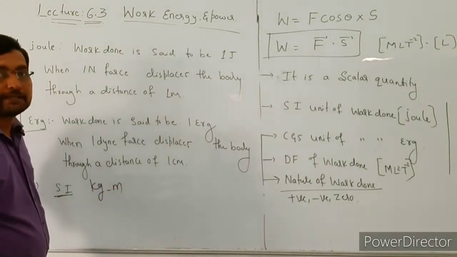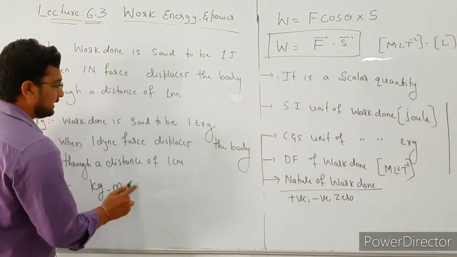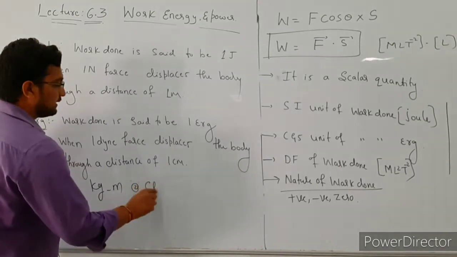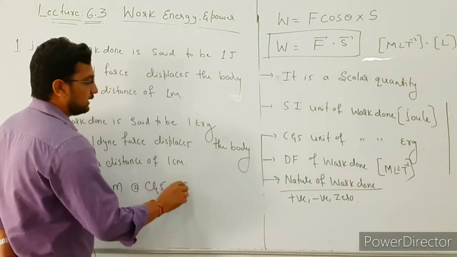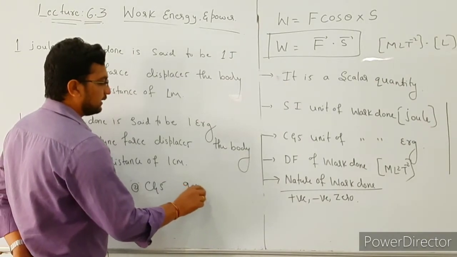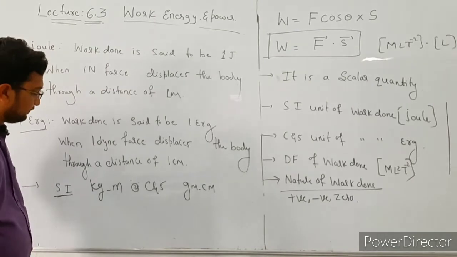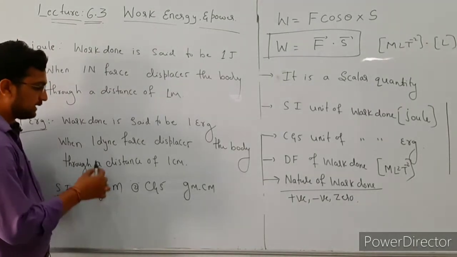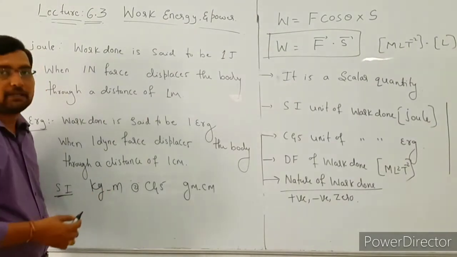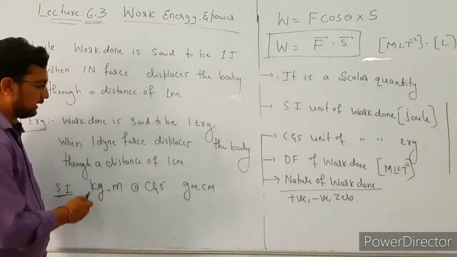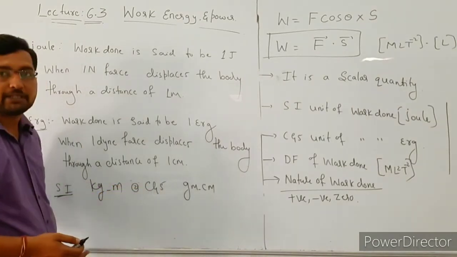And in the CGS system, the gravitational unit to measure the work done is gram centimeter. Here the SI system work done is kg meter, and the CGS unit is gram centimeter.